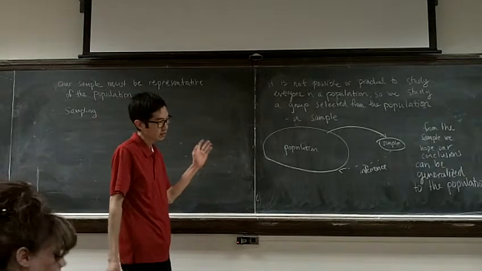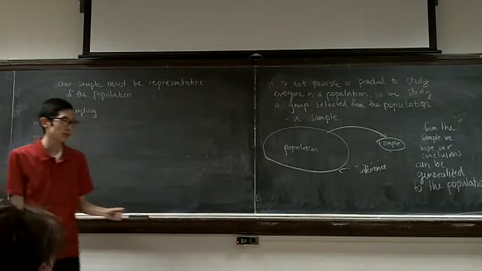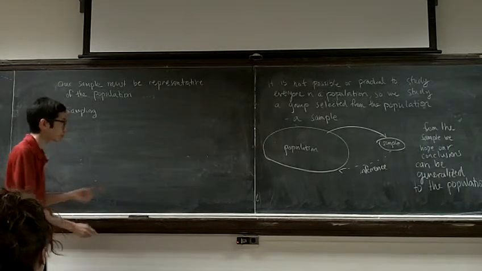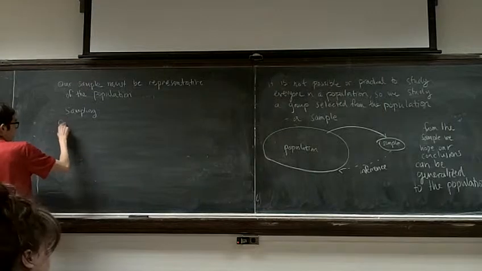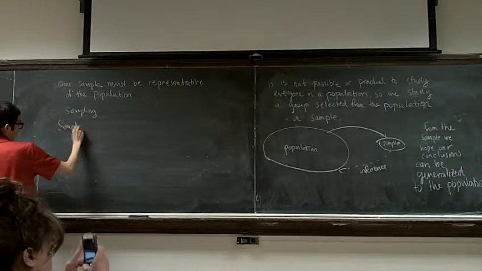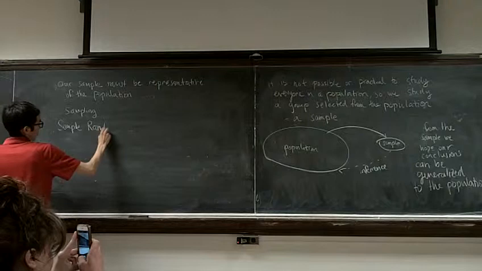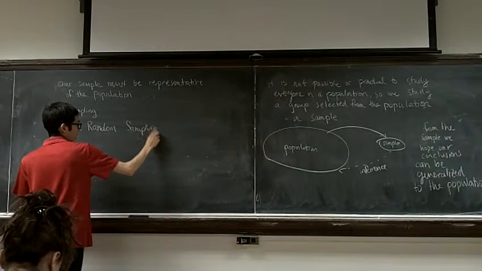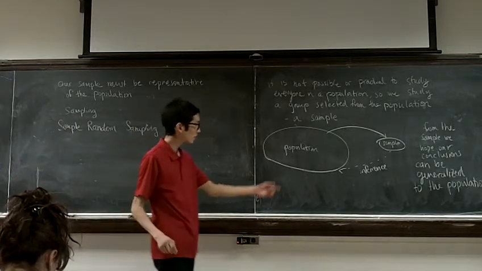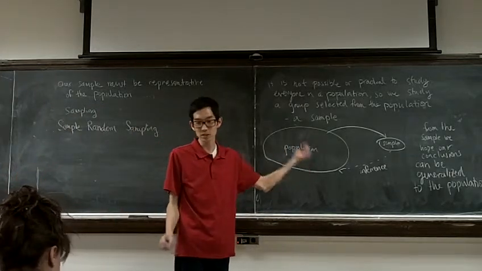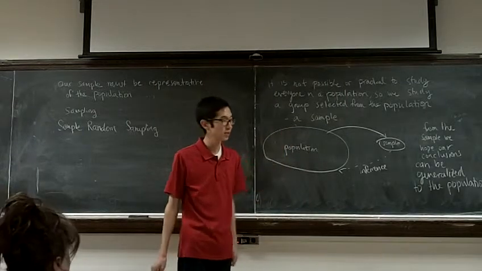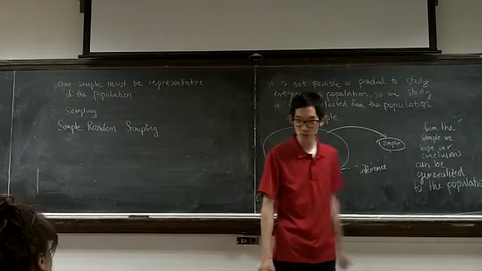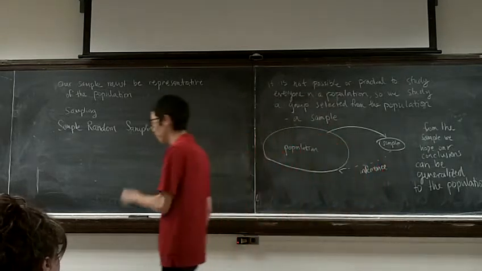One way that should give us a representative sample is called simple random sampling. It's a simple concept: from our population we select individuals at random to make our sample.